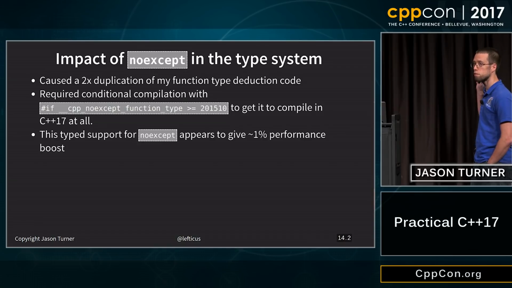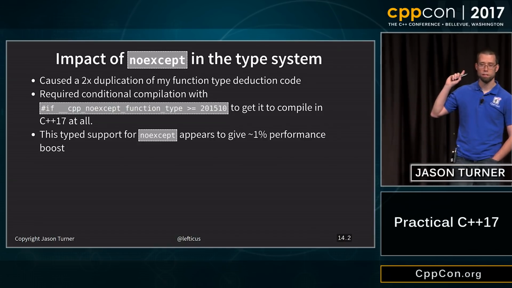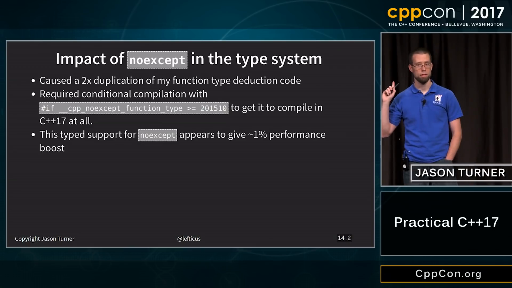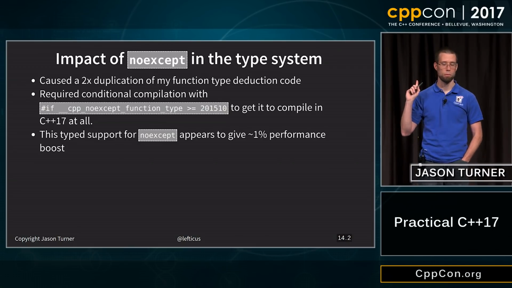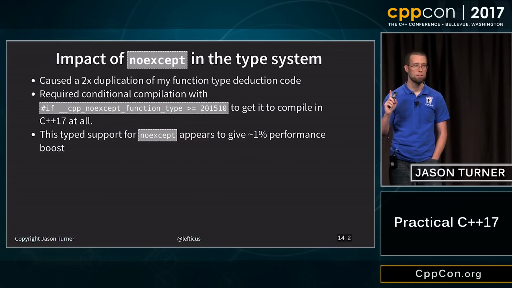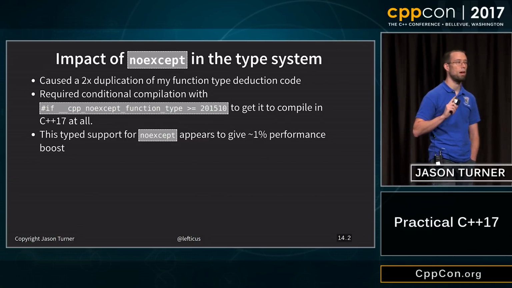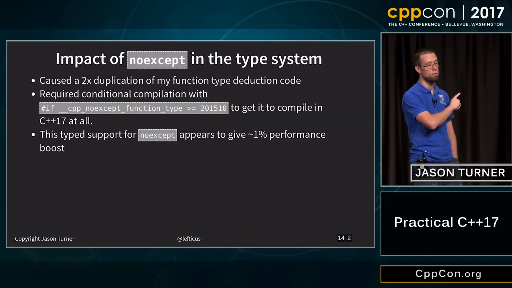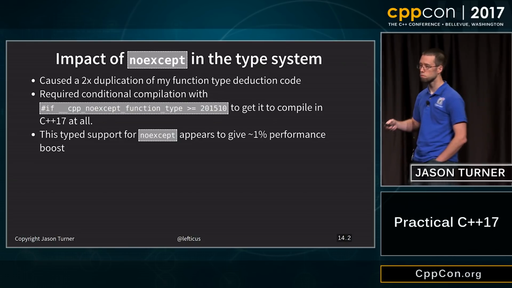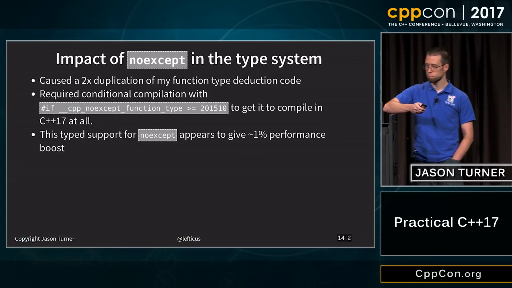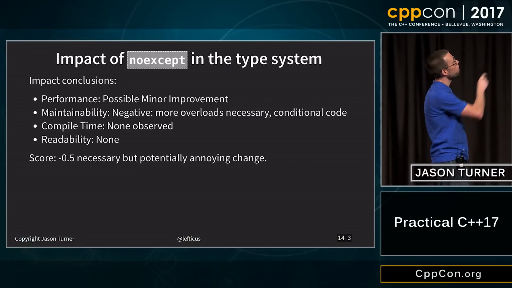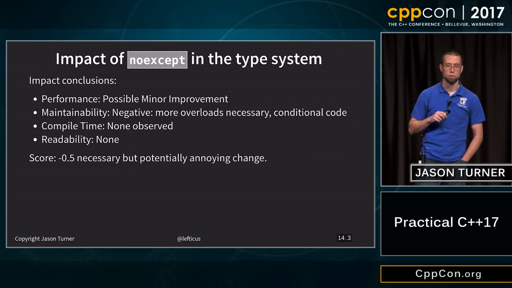But if you'll notice the last bullet, once I added these overloads, simply enabling the C++17 flag gives me a 1% performance improvement. I believe it is because the compiler is able to do some better optimization of the code when it knows that the function it's going to invoke can't throw exceptions. I ranked each one of these things, and then I give a final score at the bottom.